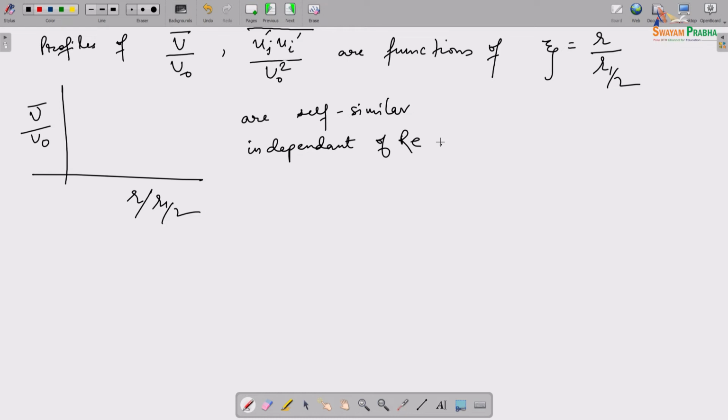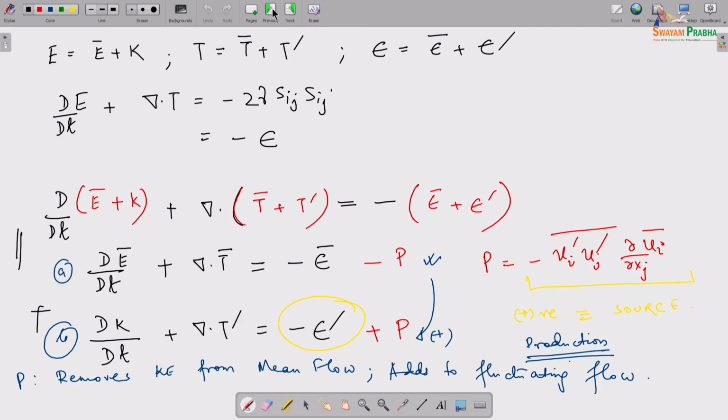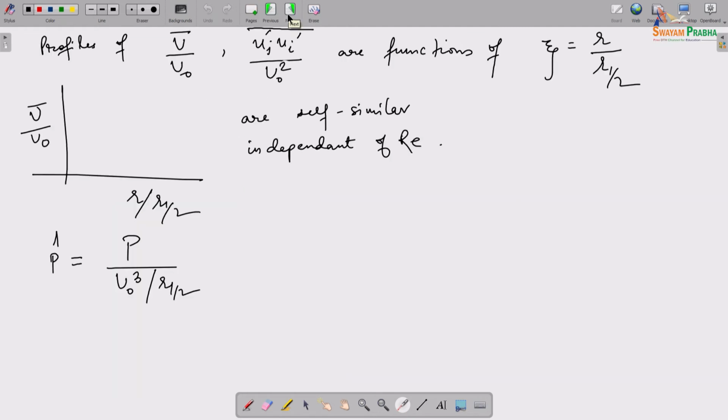Now then, let's write it this way. I'm going to scale the production also, by u naught cubed by r half. So production is essentially this one here. I'm going to scale this by u naught cubed by r half.